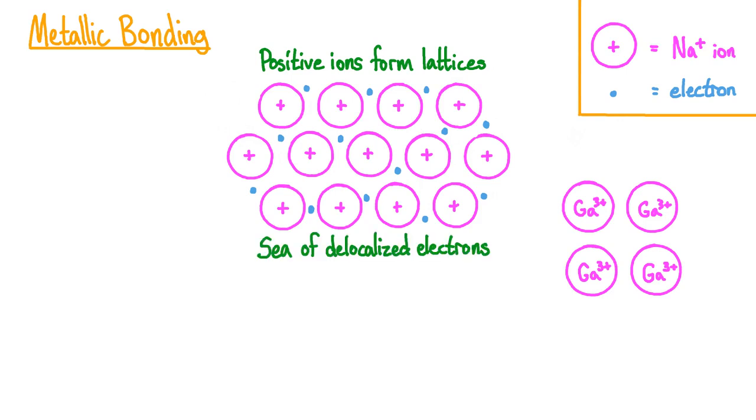We typically describe this arrangement as a sea of delocalized electrons. Delocalized, meaning that the electrons don't tend to belong to any one particular atom, but are instead shared across the network. In ionic bonds, the electrons are gripped by the negative ions. In covalent bonds, each electron is shared between two particular atoms, not shared by the whole network, like in metallic bonding.